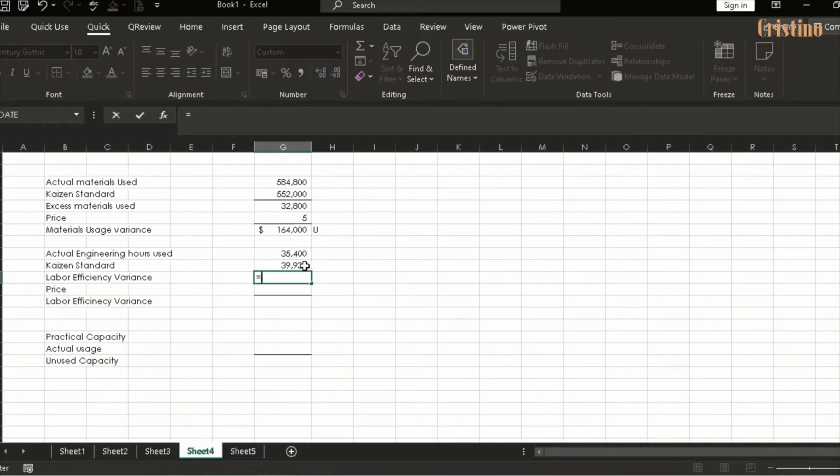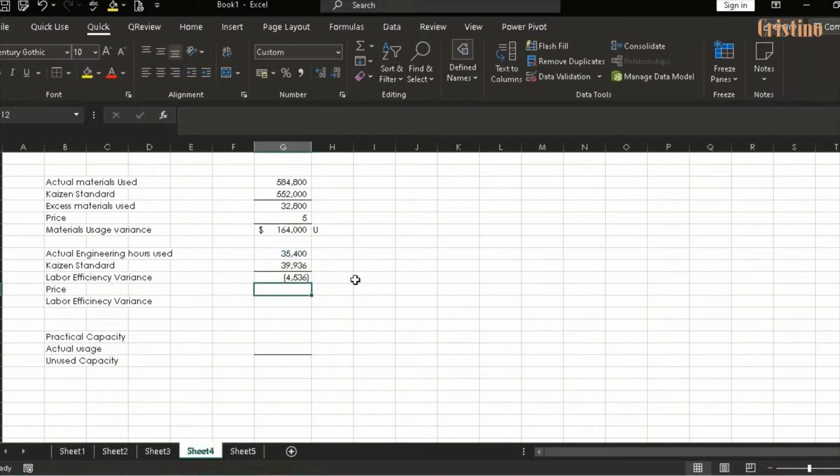By deducting the Kaizen standard of 39,936 from the actual engineering hours of 35,400, we're going to get a negative labor efficiency variance of 4,536.